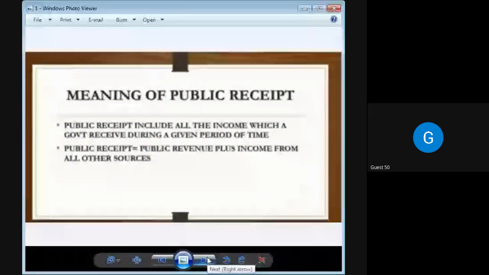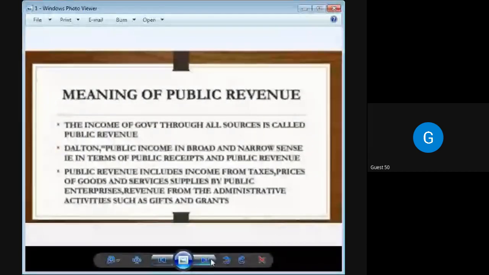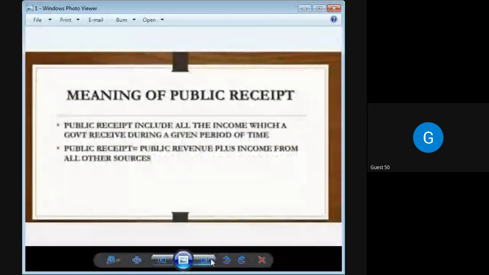Because we are learning about public revenue, it is very important for us to know what public receipts are. Public receipt includes all the income which a government receives during a given period of time. What is the given period of time? It may be a financial year, or it may be a quarter. Whatever income a government receives during a particular period of time is known as a public receipt, right?